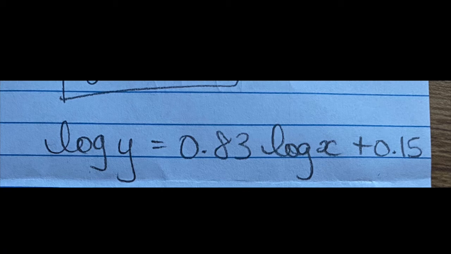The slope is 0.83, so we do log y equals 0.83 log x plus, and now we put in the y-intercept because b on a linear function means y-intercept. That's also called the vertical axis intercept, and that is 0.15.